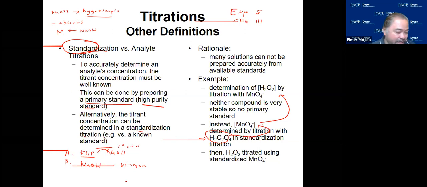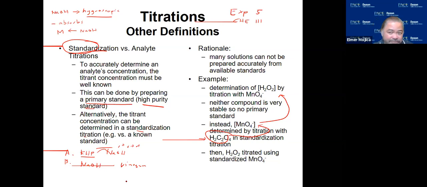Okay? Now, there are some properties that a standard would have. But the most common one is it's stable. It's a high molecular weight and a stable compound. So high molecular weight means over 100. Your KHP is around 204 grams per mole.